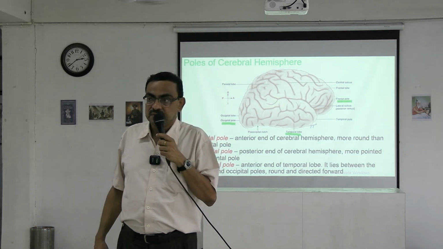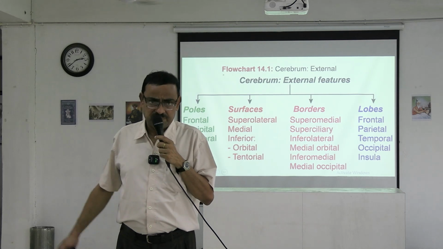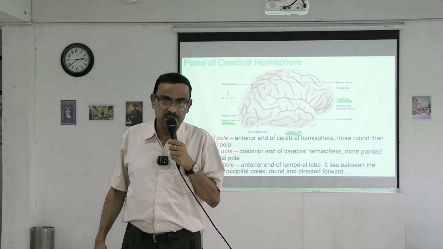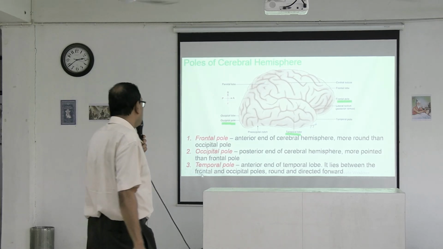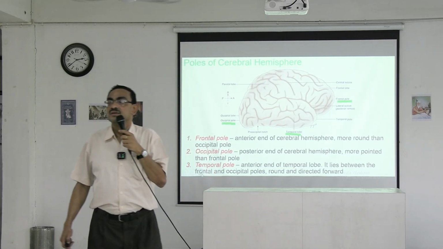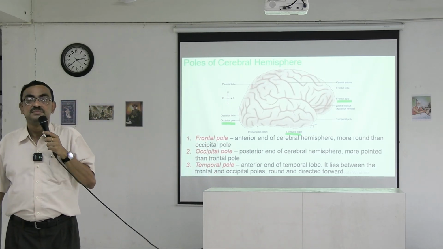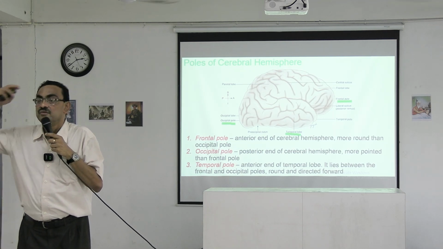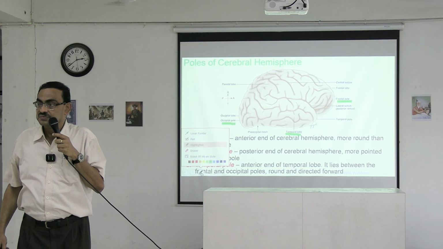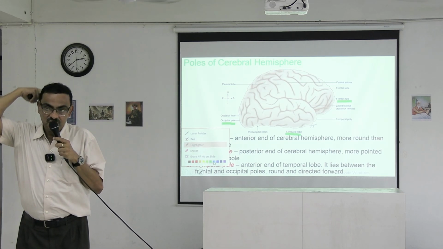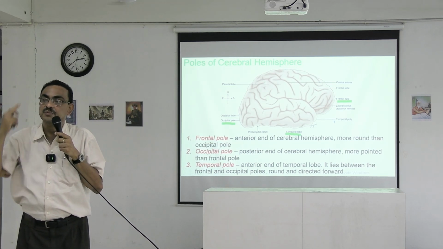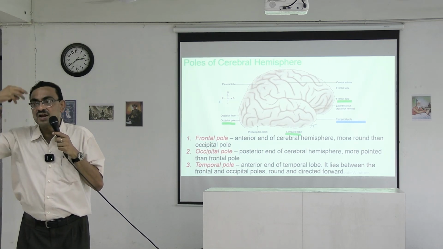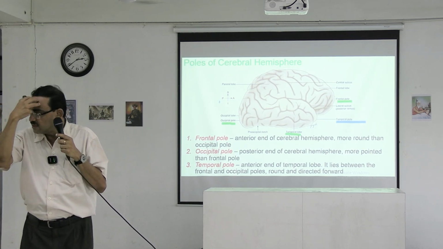How is the nomenclature or naming of these different lobes given? As per the presence of the frontal bone, parietal bone, occipital bone and temporal bone. The frontal lobe is more or less situated within the frontal bone.